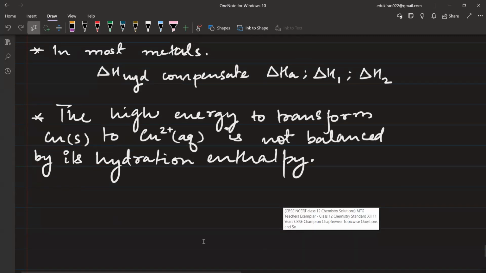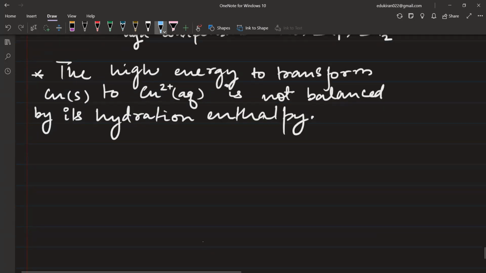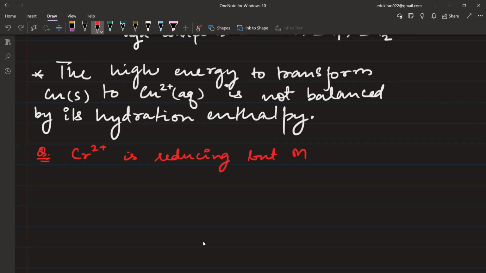So write one question. Chromium 2 plus is reducing, but Mn3 plus is oxidizing.